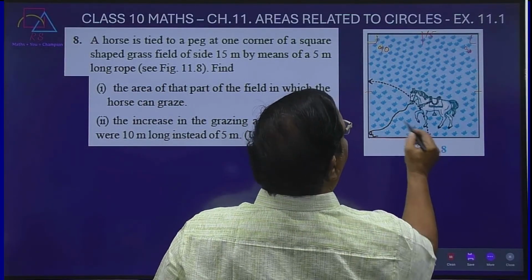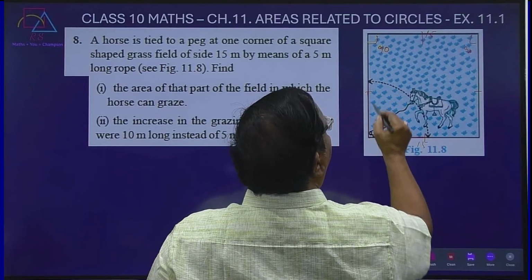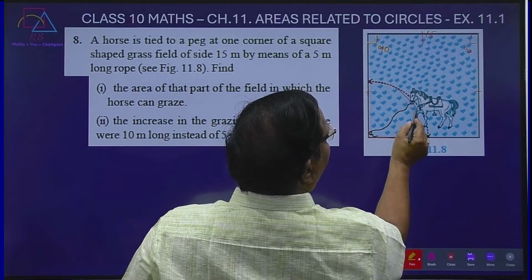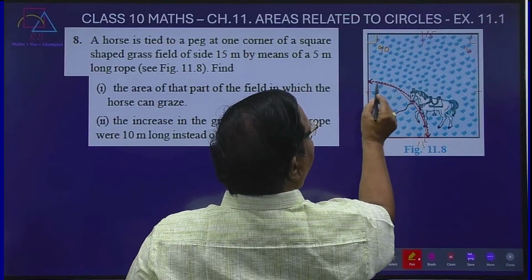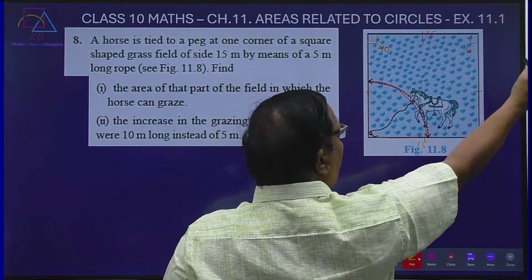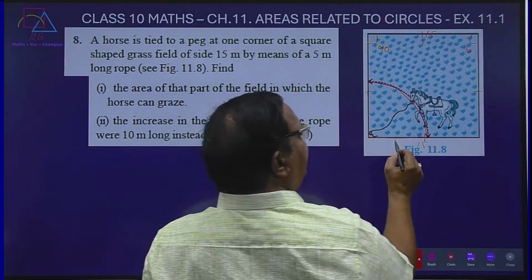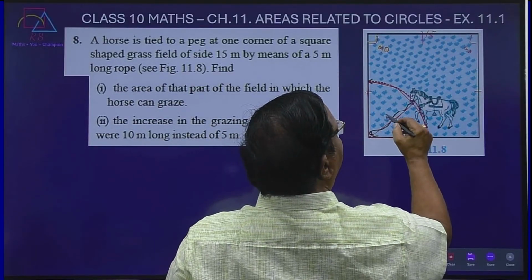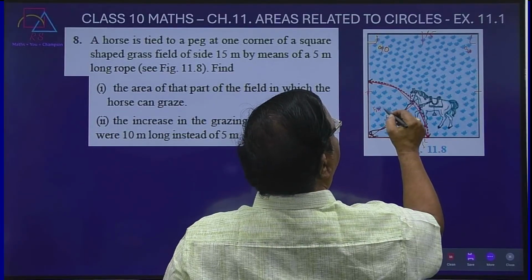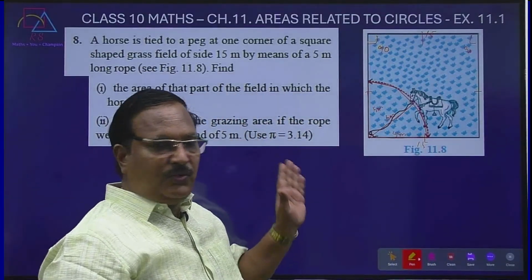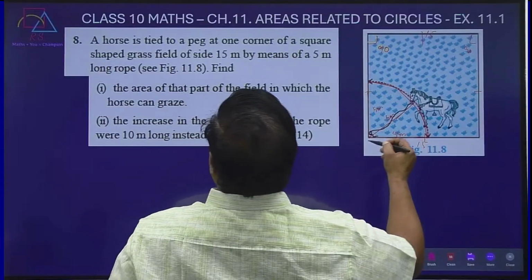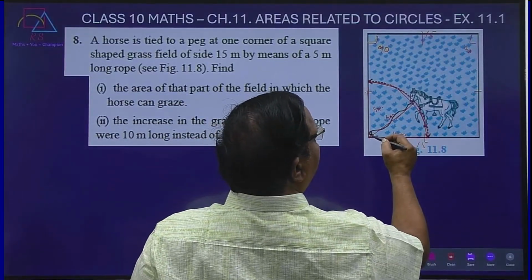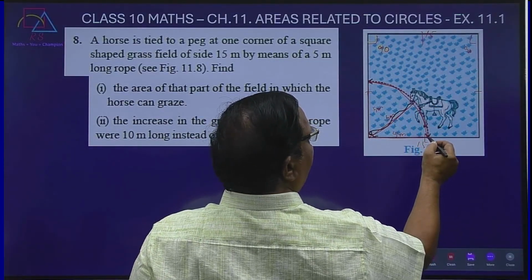So the horse can move only along with the rope. The maximum distance that the horse can go from this corner is only 5 meters. So the horse can go and graze only a maximum of 5 meters because the rope is tied.